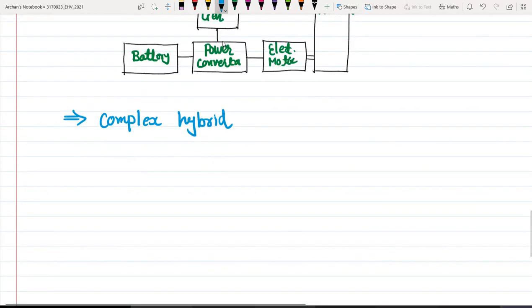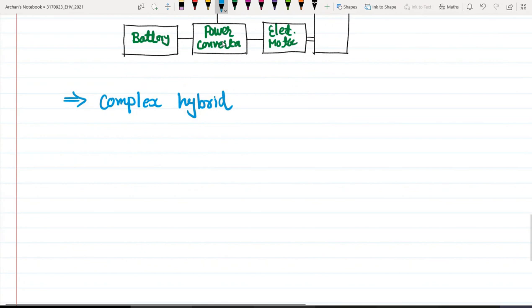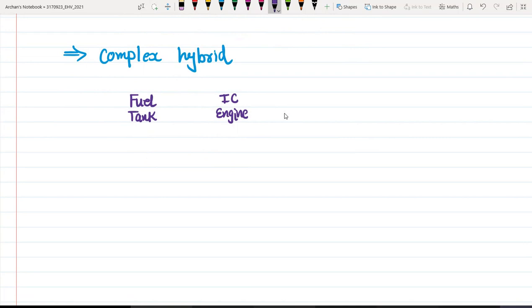So we will have again the same, one is IC engine and another one is electric motor, but this time we will use not only one electric motor but a number of electric motors. So let us see, this is our fuel tank, then my IC engine would be over here. This consists of one powertrain, right? Then I have another powertrain.